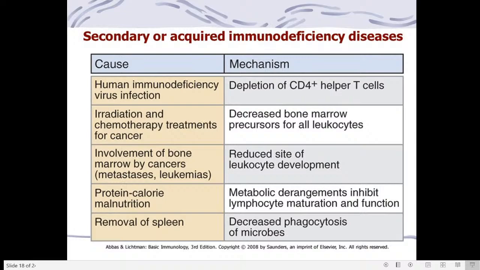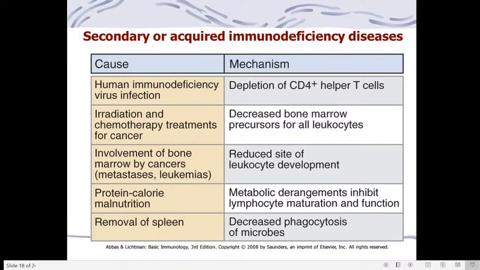And protein calorie malnutrition is also a cause. It's metabolic; the metabolic derangements inhibit lymphocyte maturation.